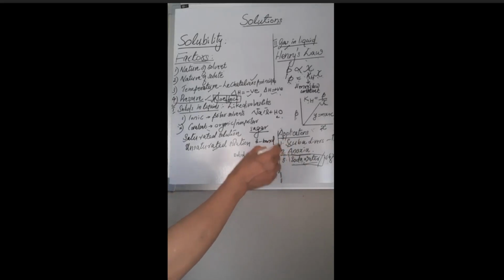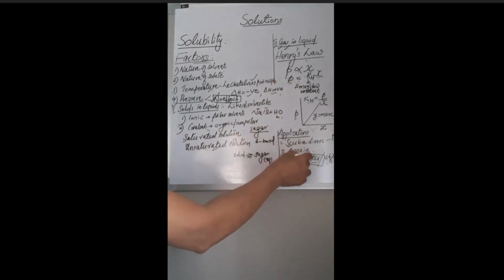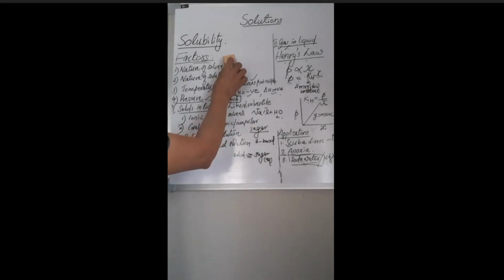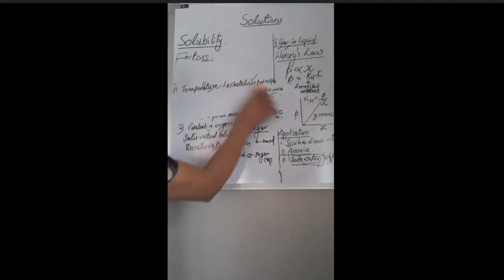That was the effect of pressure on the solubility of a gas, which we explained using Henry's law. Now coming to the other factor, the effect of temperature on the solubility of a gas in liquid.